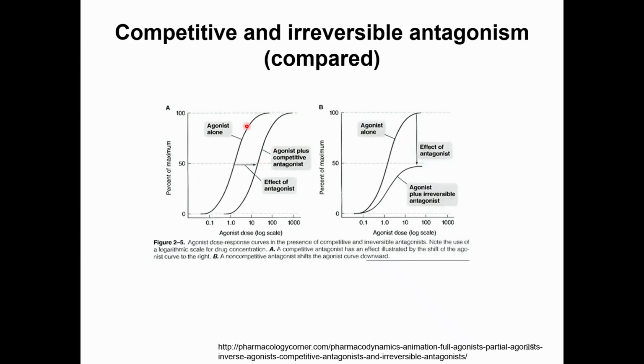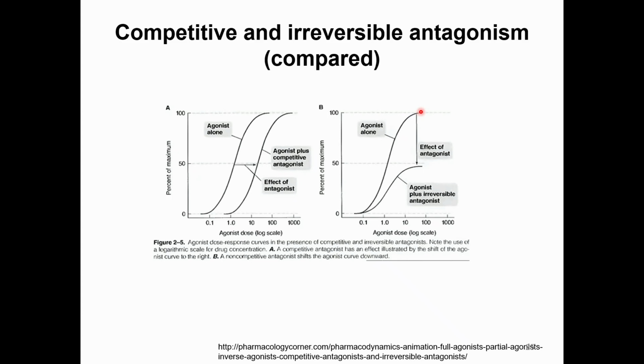But in case B, here's the same agonist alone, but we've added a different drug. This is an irreversible antagonist, okay? It does something weird. It causes an actual reduction in the maximal effect when you add an irreversible antagonist.